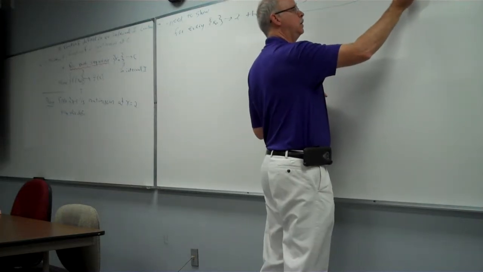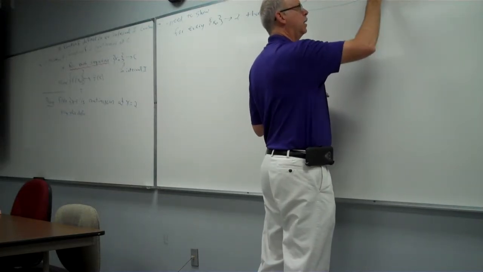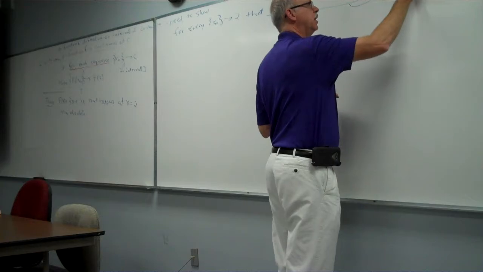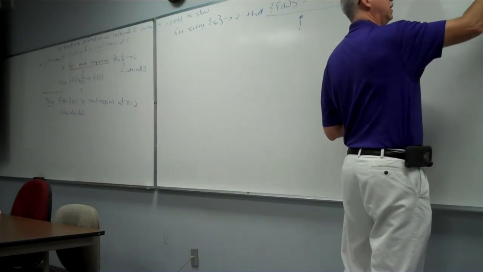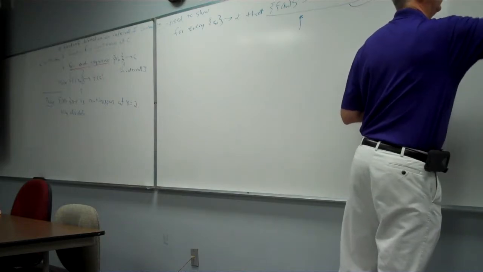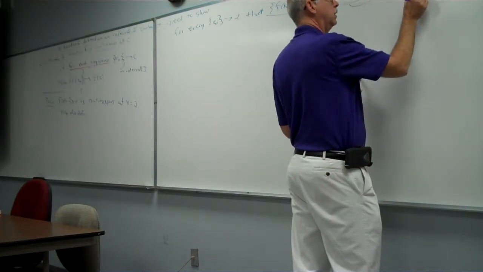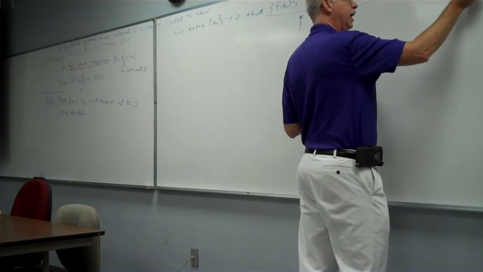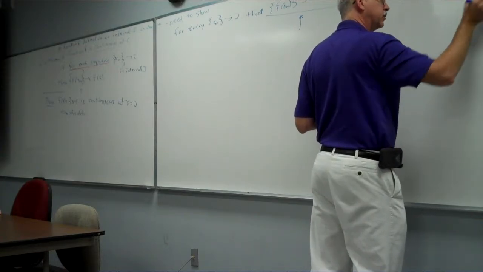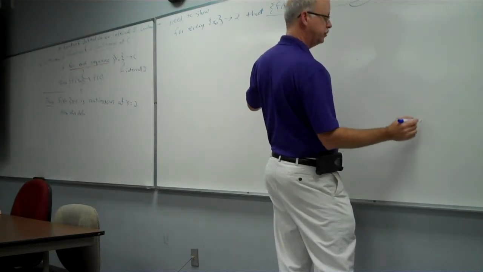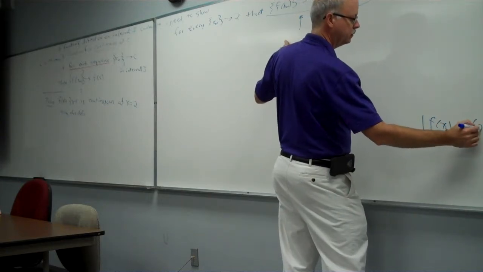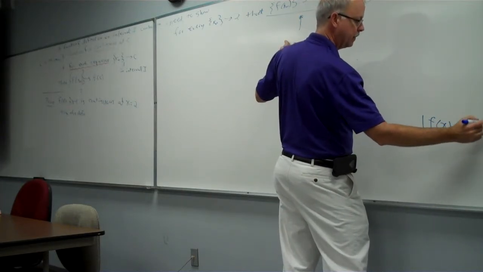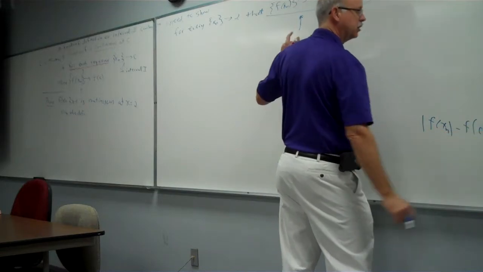And so the proof of this is, given an epsilon greater than 0, let capital X be something such that when n is greater than X, we get f of x sub n minus f of c is less than epsilon.